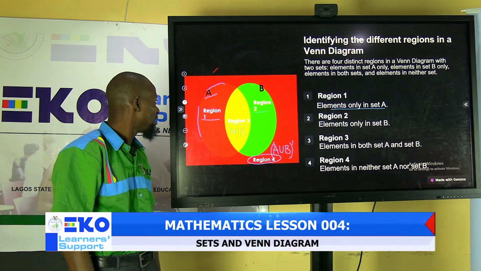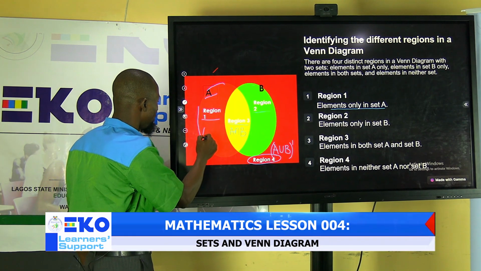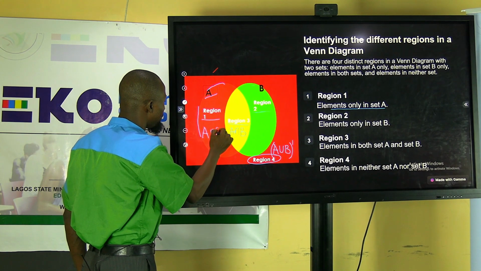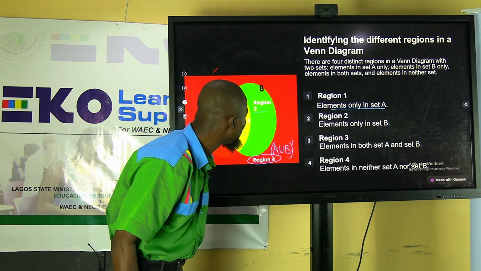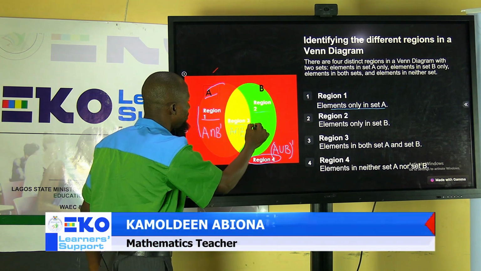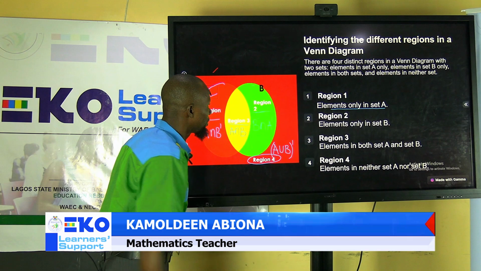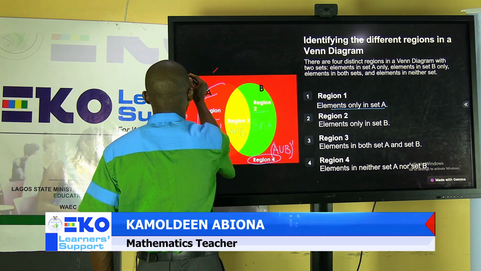A only means A but not B. Not B is B complement. And this region, which is B only, it is what? B but not A. All right, so that is the areas or the regions.